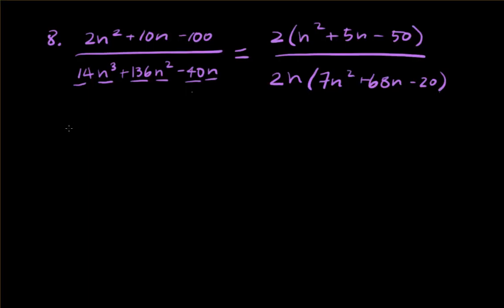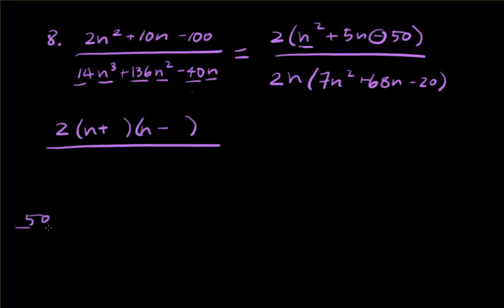Let's go ahead and factor the numerator. Okay, the sign negative right here tells me one is going to be a plus, the other is going to be a negative. N squared, have an n and an n here, that's going to make up that. Let's see, the factors of 50. We have 1 and 50. Now, guys, when we have a plus here and a minus here, that means that we're going to take the difference and arrive at plus 5.